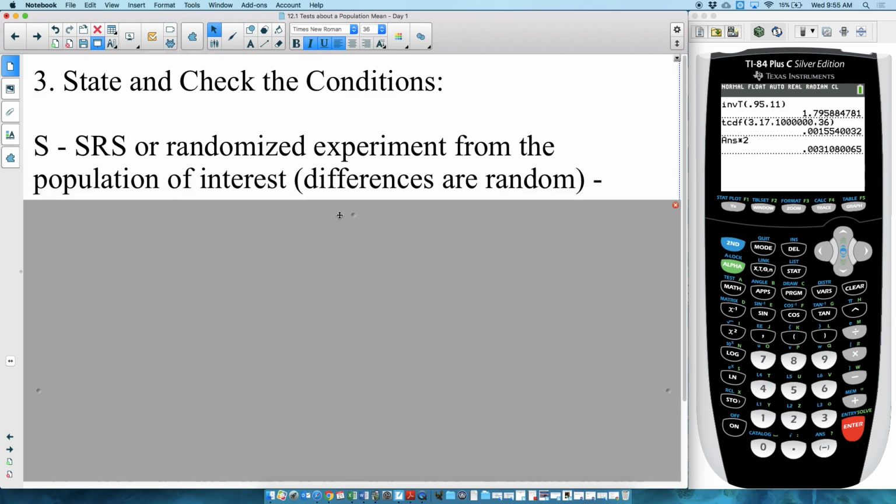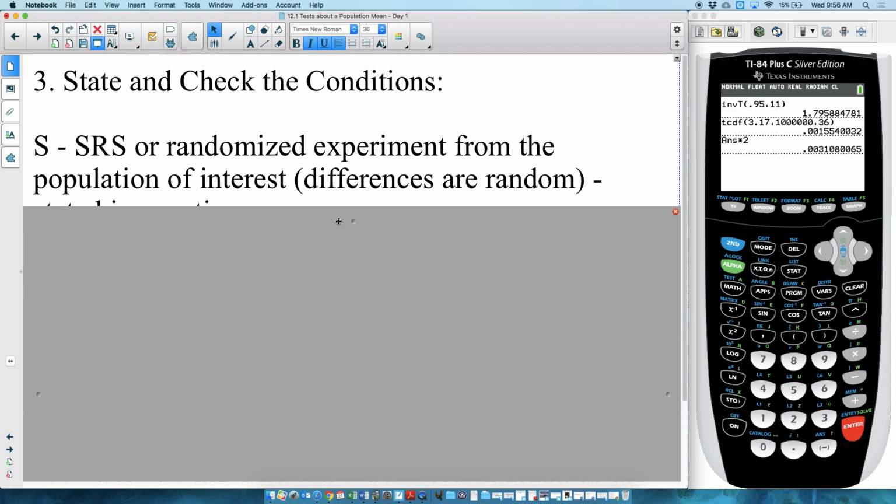Yep. Or if you're talking about mu sub d, you'd need to say somehow the differences are random. So like you guys had on the quiz, you were looking at the difference in growth for the Roma tomato seeds or something.